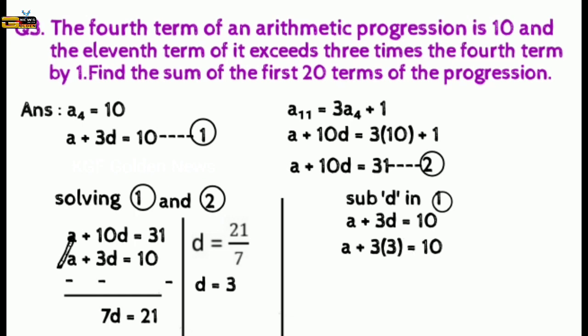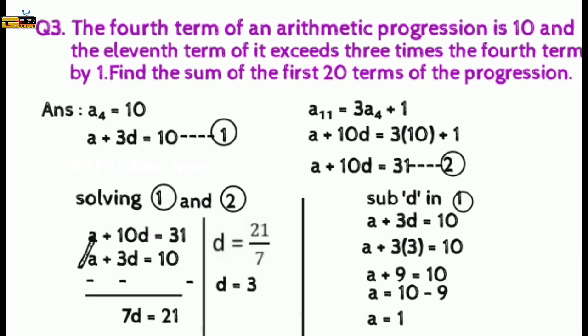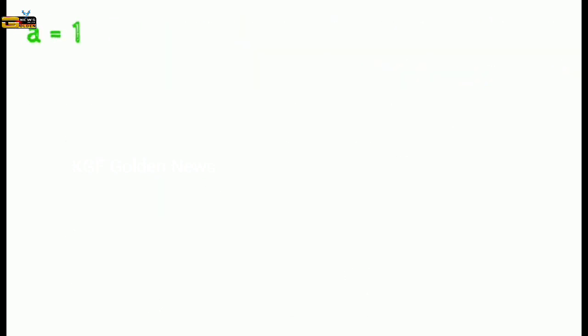Now, A plus 9 equals 10. By bringing the numbers to the same side, A equals 10 minus 9. Therefore, A equals 1. Now we can find the sum of the first 20 terms of the progression by taking A equals 1, D equals 3, n equals 20.